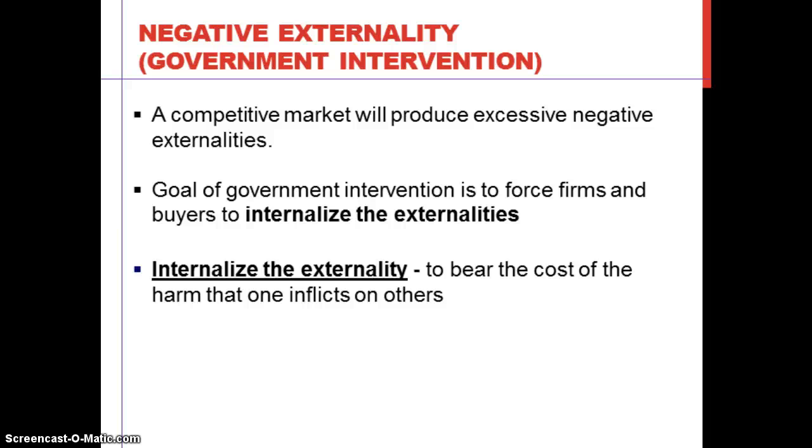So now we go back to the main issue of this video, how government interventions can solve negative externalities. The solution suggested by economic theory is to force farmers and buyers to internalize the externalities. Internalizing the externality simply means that the government forces farmers and buyers to reflect the cost of negative externalities such as pollution in their cost.